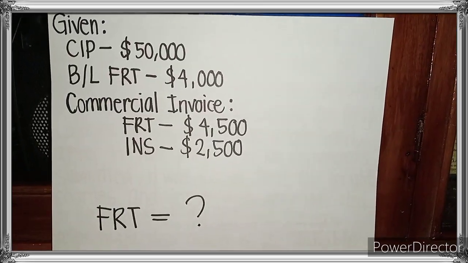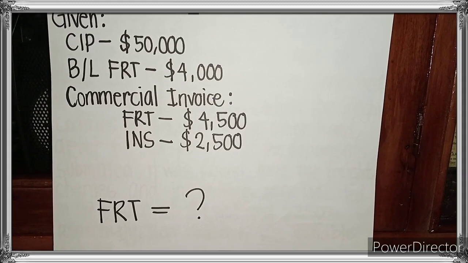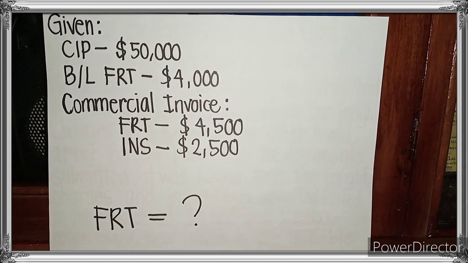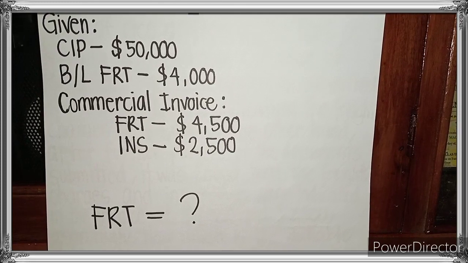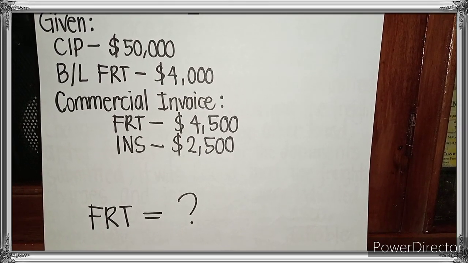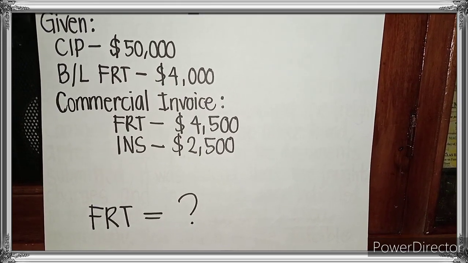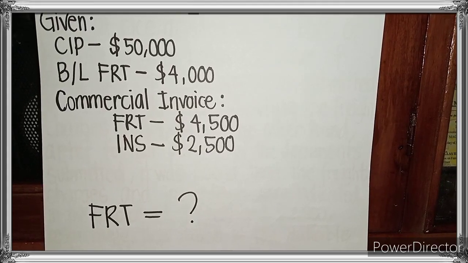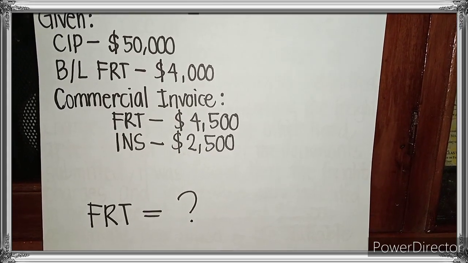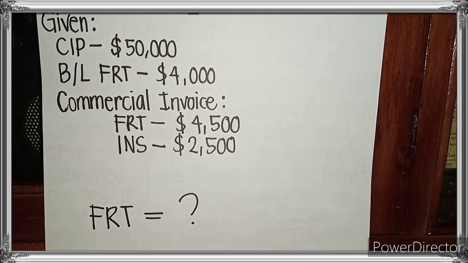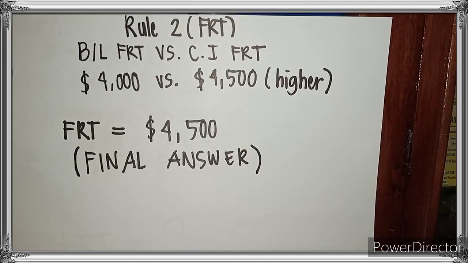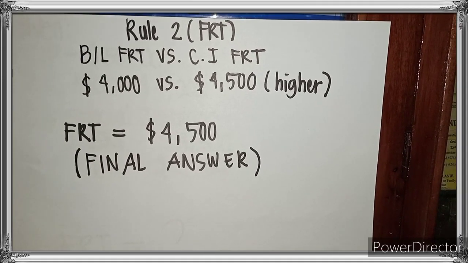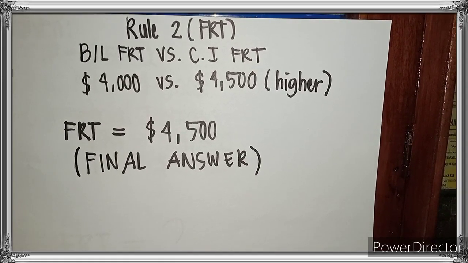Again, we will take note of the information in the problem. We have a CIP value of $50,000, a bill of lading freight of $4,000, and a commercial invoice freight of $4,500 and insurance of $2,500. The unknown here is freight. In order to get the freight, we will have to apply Rule 2 of freight.